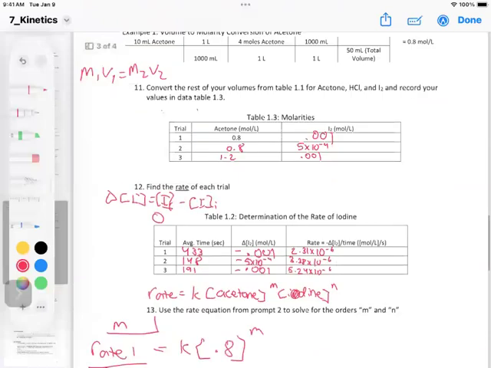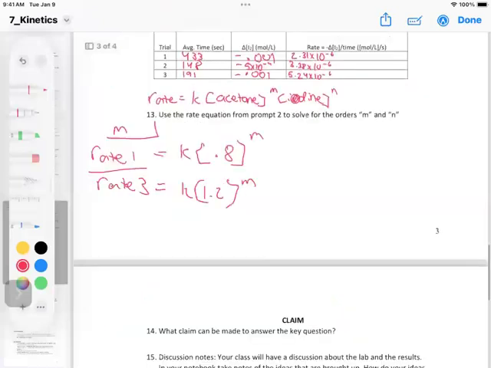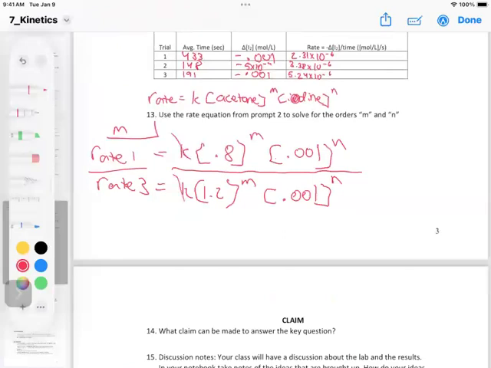And for 1 and 3 in iodine, it's 0.001 to the N. Whatever's the same will cancel out. My k's cancel because they're the same, and 0.001 to the N cancels out.